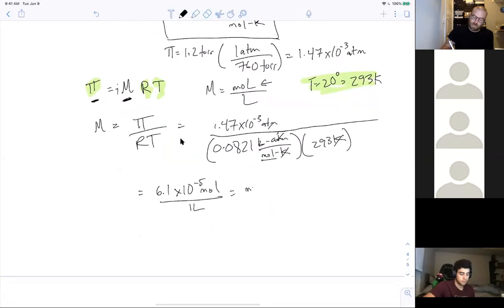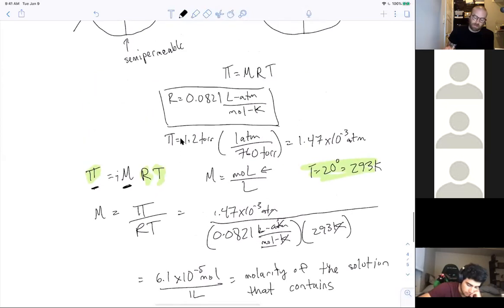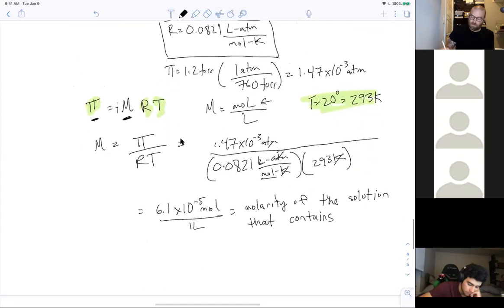This is the molarity of the solution that contains 0.166 grams of catalase per 14 milliliters.